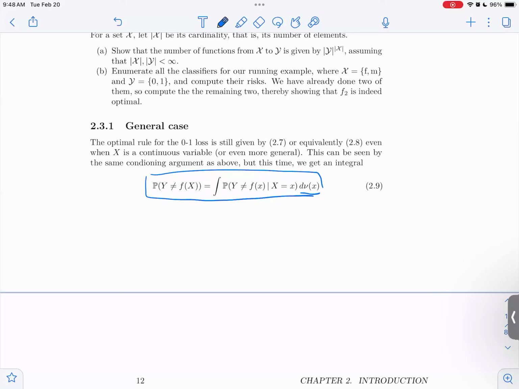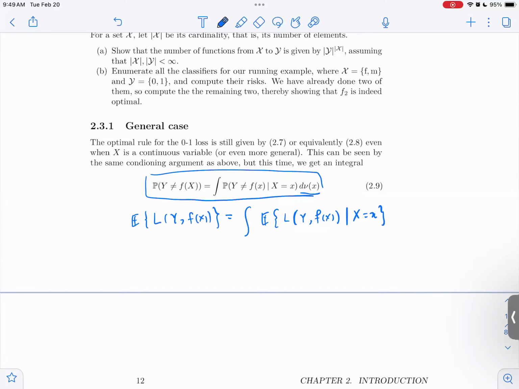In general, if you have the expectation of the loss of y and f of x, this is the most general case, and it has the decomposition: the expectation of the loss of y and f of x conditional on X equal to x, integrated against d nu of x.